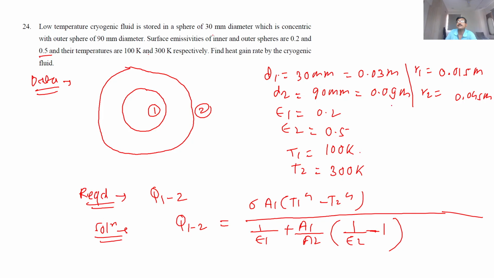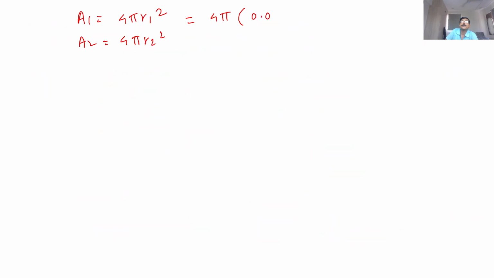Because the formulas are in terms of R1 and R2, we need to calculate the radius from the diameter. Just divide by 2. So 4 pi R1 square, with R1 as 0.015 squared, and 4 pi R2 square, with 0.045 squared.